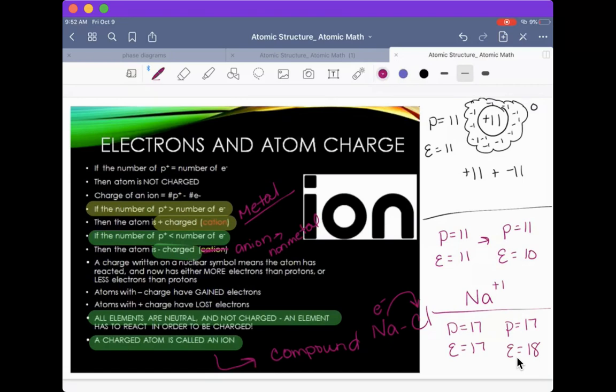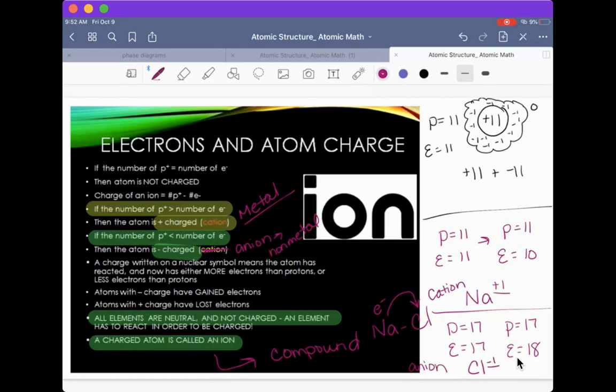So what happened to that charge? Because there's only 17 plus charges and now there's 18 negative charges, chlorine is now negatively charged. So it's got that -1. We would call sodium a cation because it has a positive charge, and chlorine would be called an anion because it now has a negative charge.